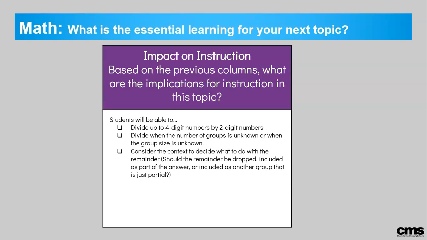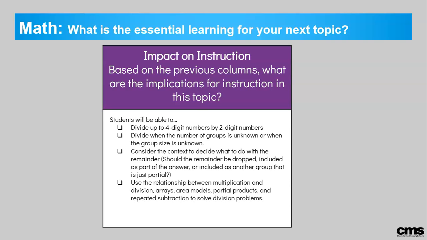Should the remainder be dropped, included as part of the answer, or included as another group that is just partial? Students also need to be able to use the relationship between multiplication and division, arrays, area models, partial products, and repeated subtraction to solve division problems.